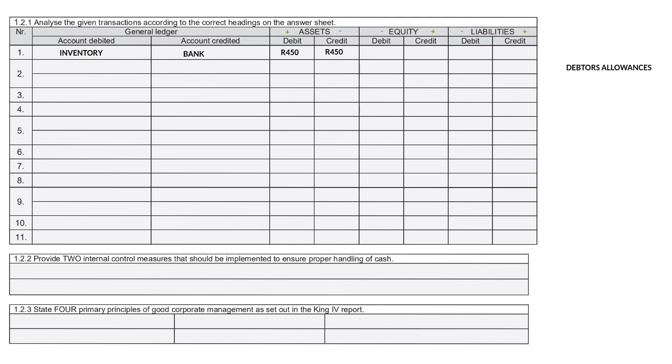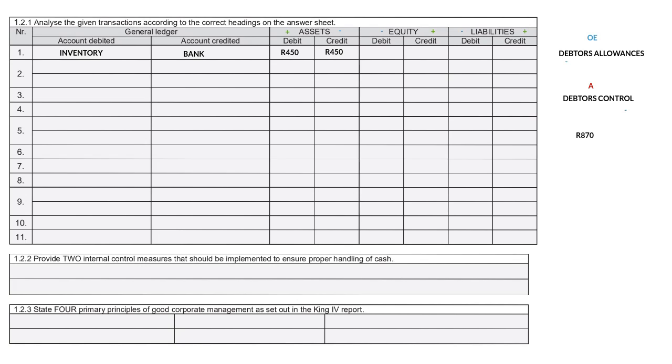So let's have a look at the first 2 ledger accounts. Because the debtor is returning stock, the first account will be debtor's allowances and the second account will be debtor's control. Debtor's allowances is an owner's equity and it will have a negative effect. Debtor's control is an asset and it will also have a negative effect. And the selling price is R870.